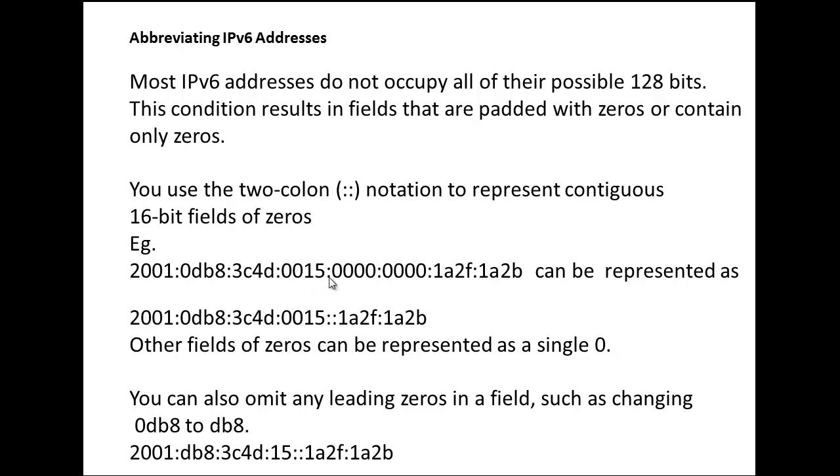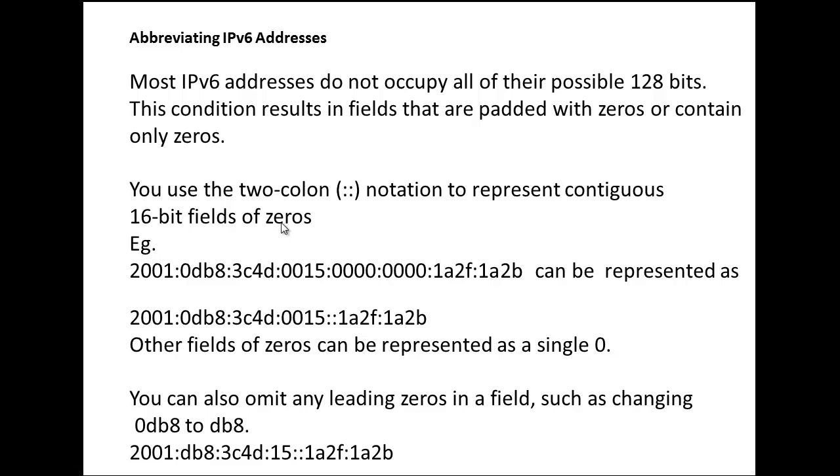We have within this IPv6 address a contiguous set of zeros. That means a set of zeros coming together, two fields of zeros, one after the other. We can shorten that by representing the contiguous set of zeros with a colon.